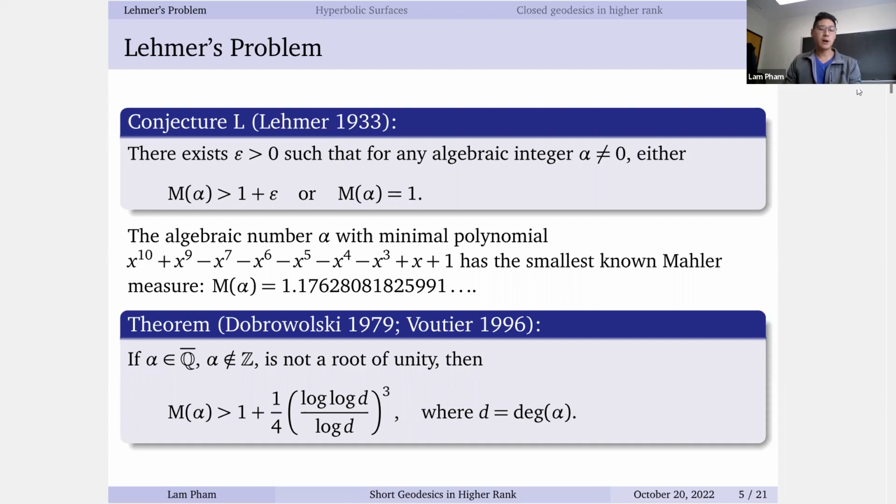You observe that this lower bound for the Mahler measure depends on the degree of alpha. So unfortunately, this bound does go to 0 as d goes to infinity. That tells you as an observation that the conjecture is true for algebraic integers of a given degree.